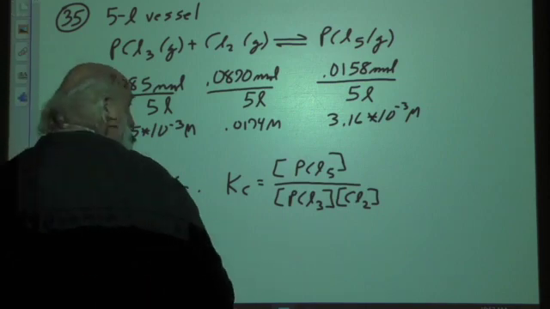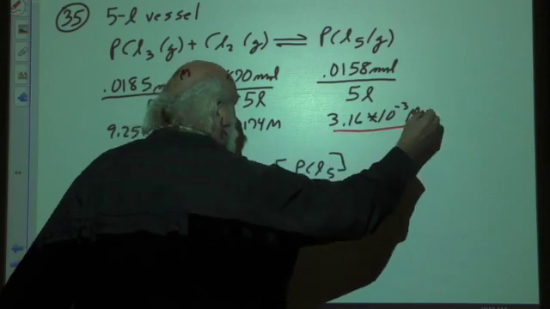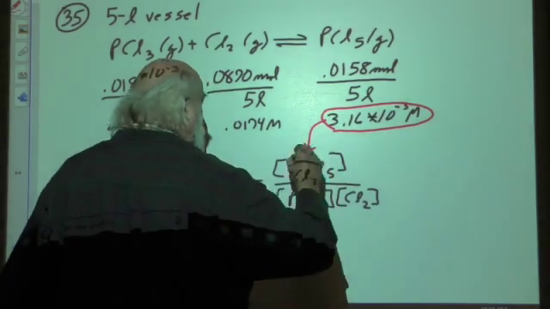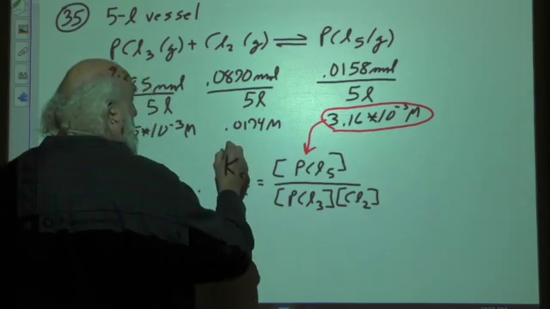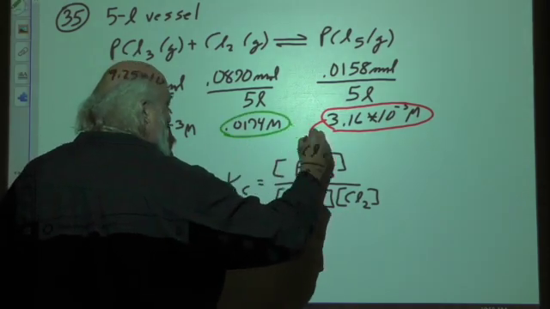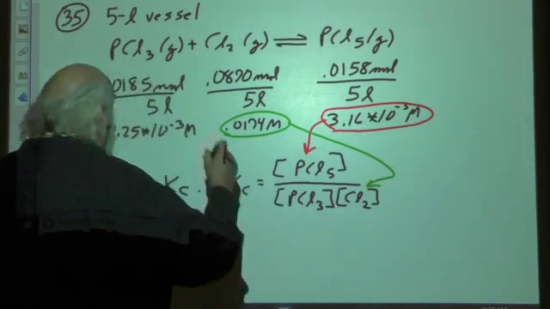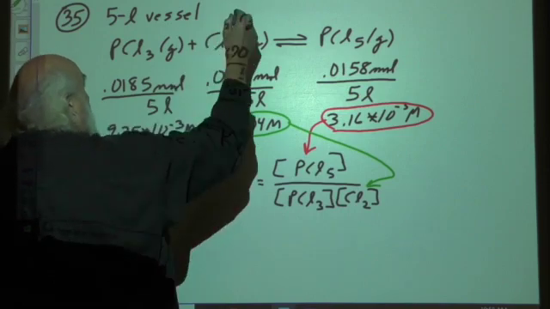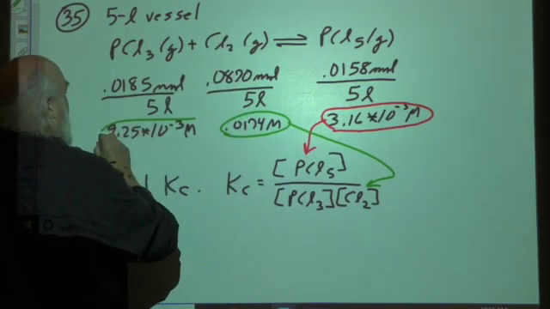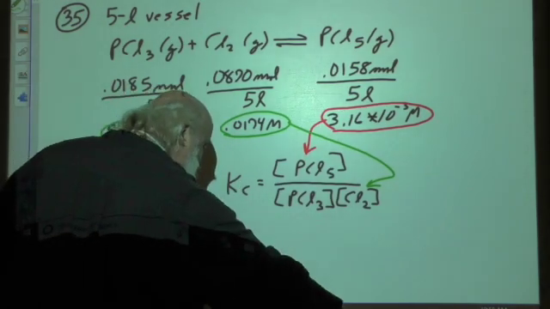So that means this value right here, the PCl5, goes right there. The Cl2, 0.0174, goes right there. And the PCl3 value, this right here. Oh, I so hate this.